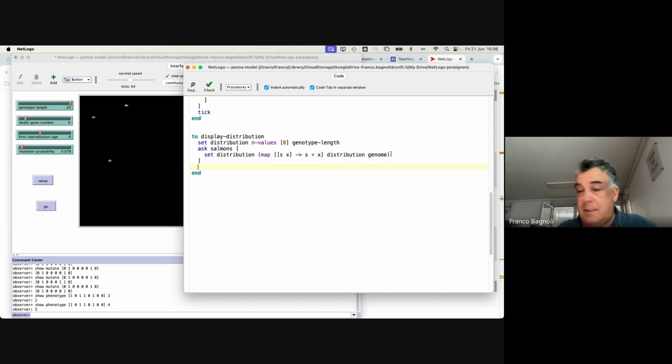Then clear all plots. And then for each distribution, I use for each plot x, plot x.